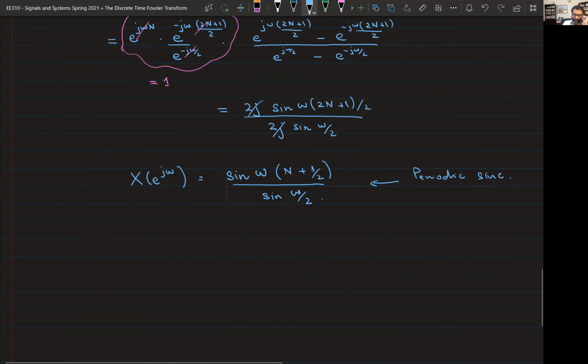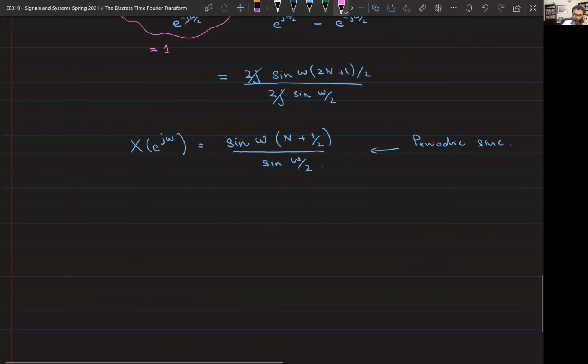And if you plot this out, so let's do that. We have 4 minutes, so let me spend time here. Let's say n was equal to 2, and I want to sketch out x of e raised by j omega. X of e raised by j omega is real, as you can see, right?